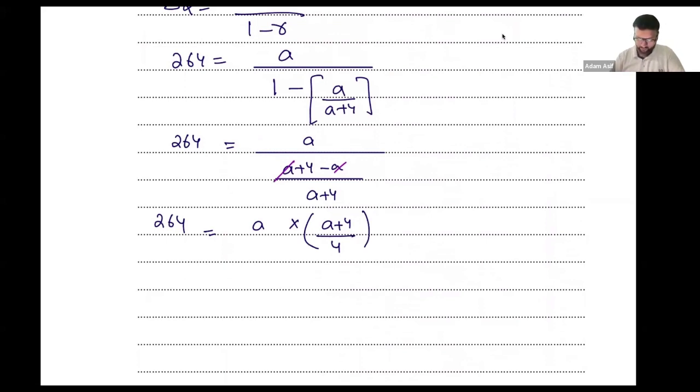264 times 4, 1056 equals a squared plus 4a.